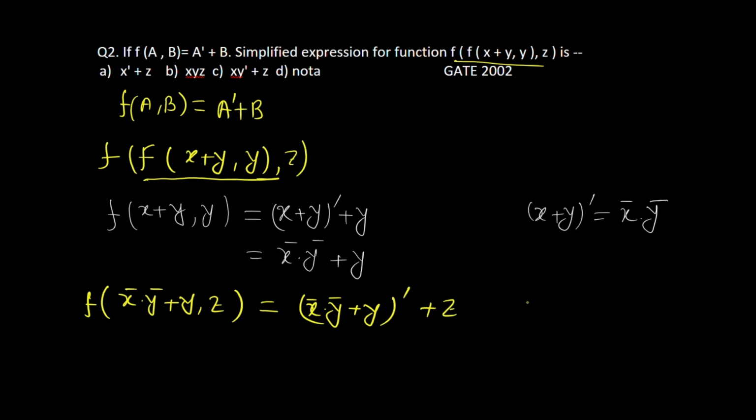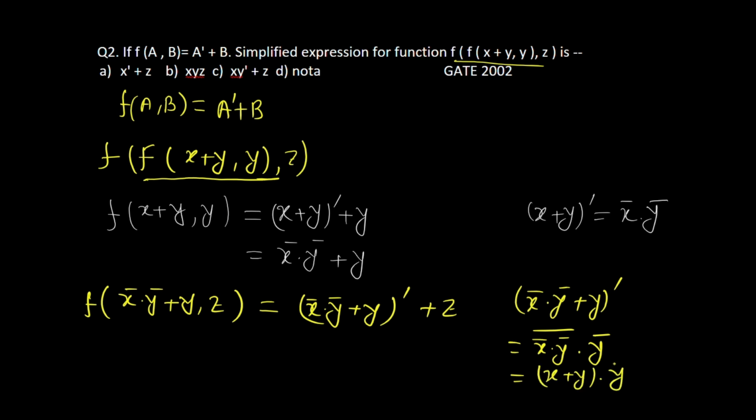Again by De Morgan's law we get x bar dot y bar plus y whole bar is equal to x plus y into y bar.